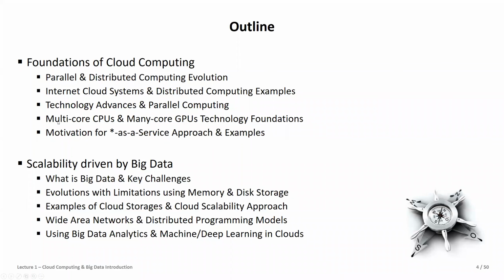Then the second part will be more about big data, which is tightly intertwined now with cloud computing and with high performance computing, because usually you need big data in order to have deep learning done. You need high performance computing or cloud computing resources, something which can deal with big data, because usually you have key challenges on the way. We will review not only disk capacity, but also the way memory works on larger systems.